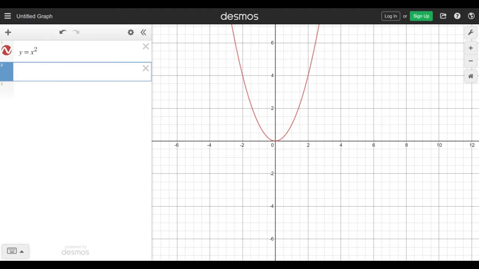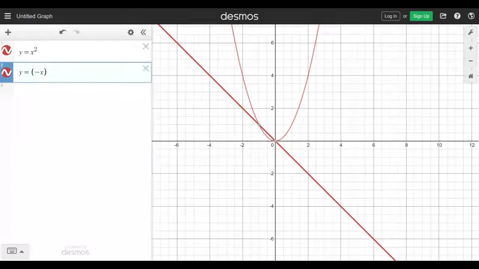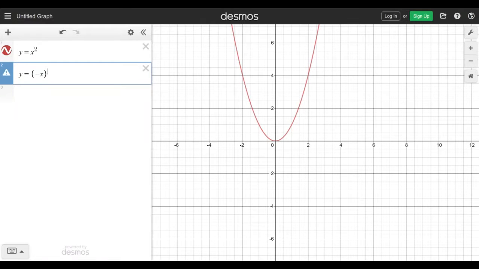So if we're going to replace our x with a negative x, that's according to the rule, it gives you exactly the same curve. So that would be the symmetry is on y-axis, so that should be x is equal to 0.